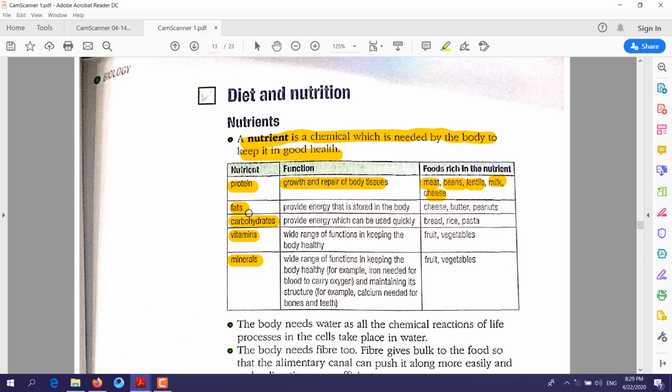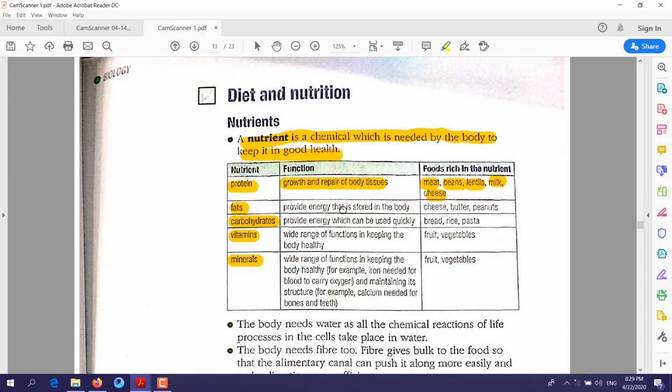Number 2, fats. The function of fat in our body, focus here, is a source of stored energy. Because then we will also have carbohydrates. Carbohydrates are also a source of energy. But the difference between these two is what?